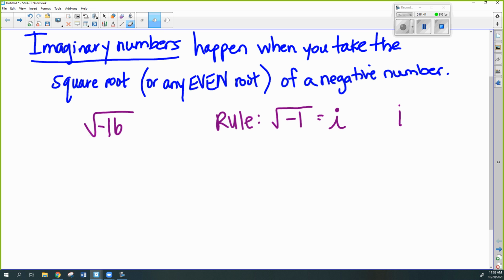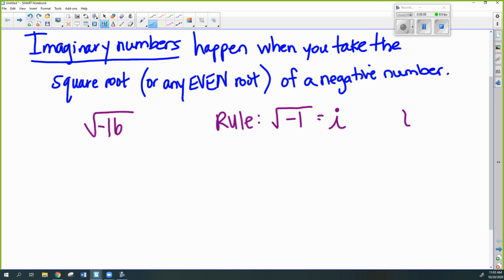So I use what I consider a cursive lowercase i. I think on Alex, it looks more like that, but it's a cute little i.